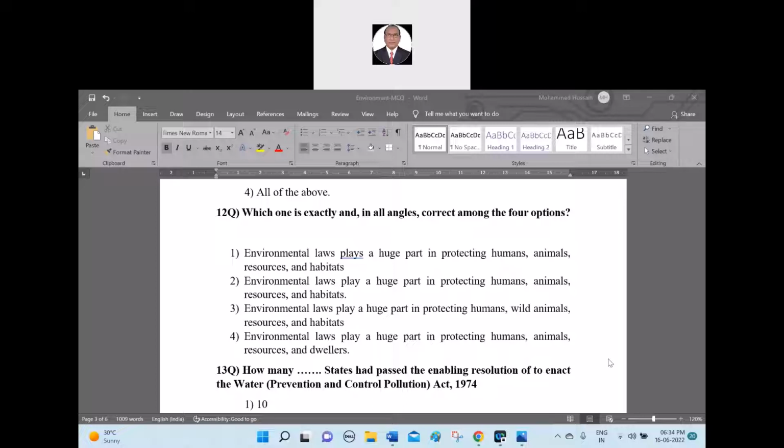Hence, the first one is wrong, the third one is wrong, and the fourth one is wrong. The right is second. The first one is wrong because grammatically, environmental laws plays should not come, it should come play. Because I told you, in all angles, correct among the options.